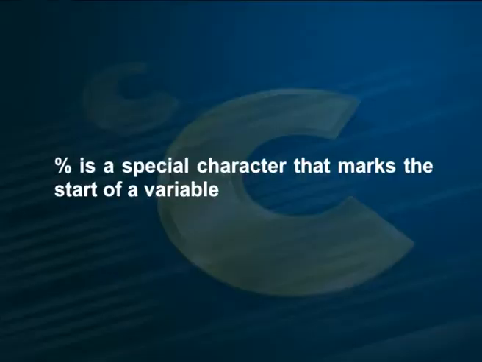Here, the percentage symbol tells the program that we are not trying to display the character string as it is, as we do in a statement like printf("hello world"). Percentage is a special character that marks the start of a variable. Here, we have the character d following the percentage sign, which tells the program to get a decimal value and print it on the screen.